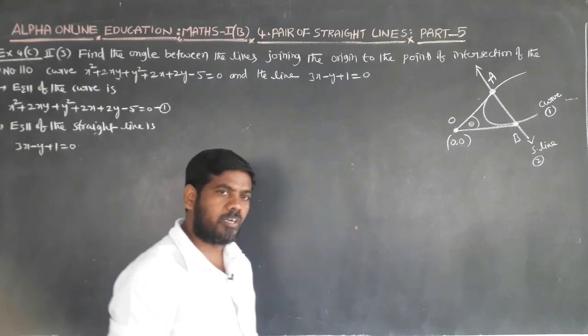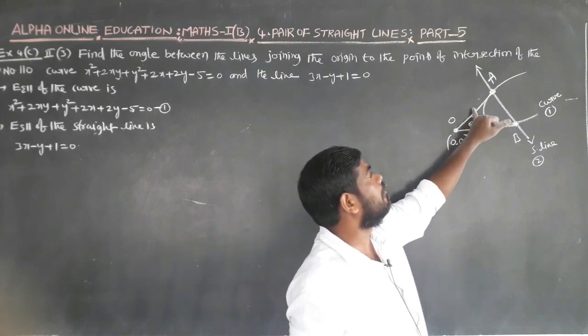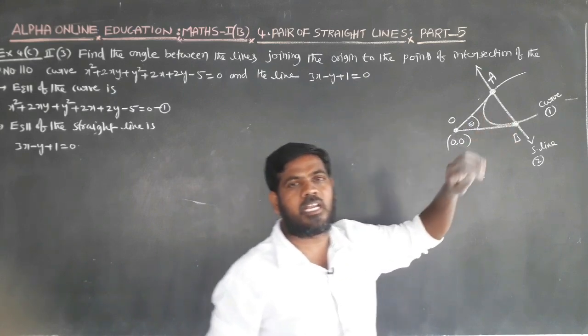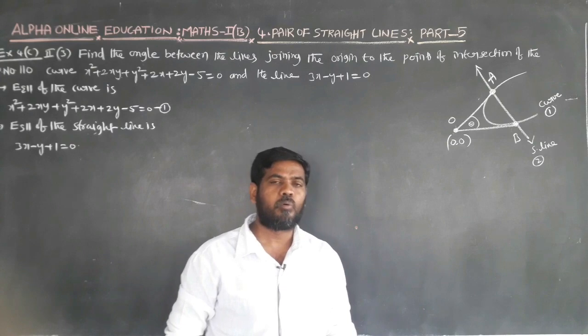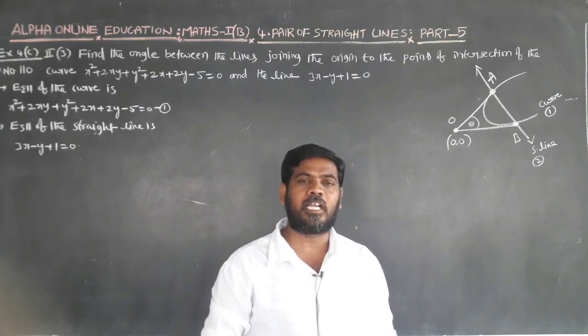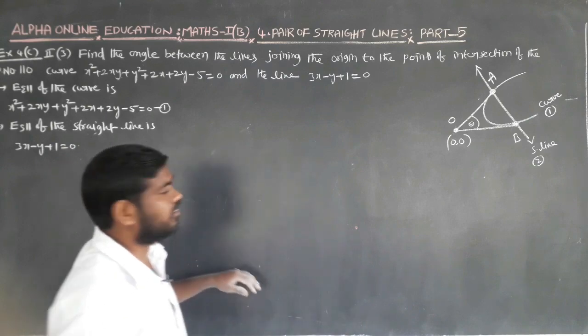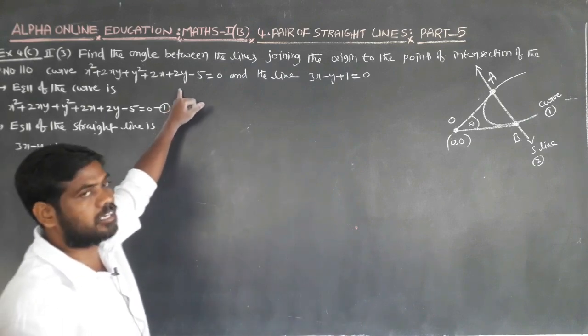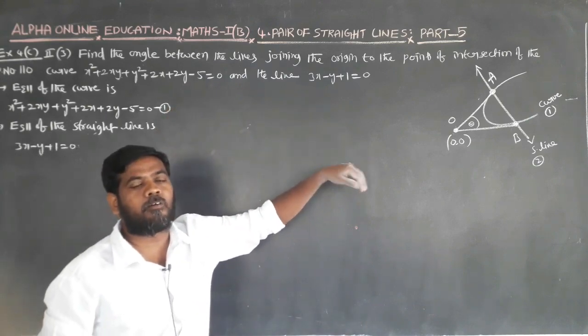So first of all, here find the combined equation of the lines OA and OB. So first of all here homogenizing the curve with the help of line.